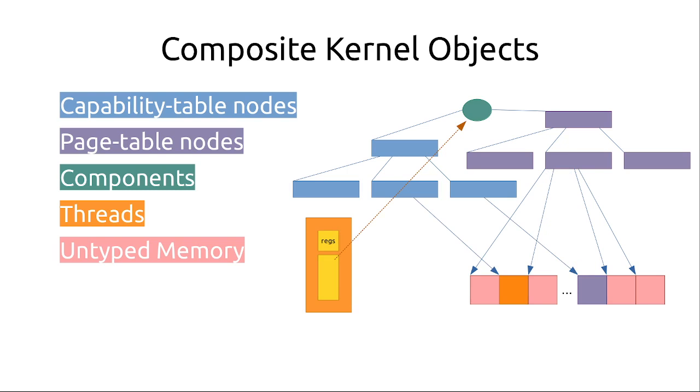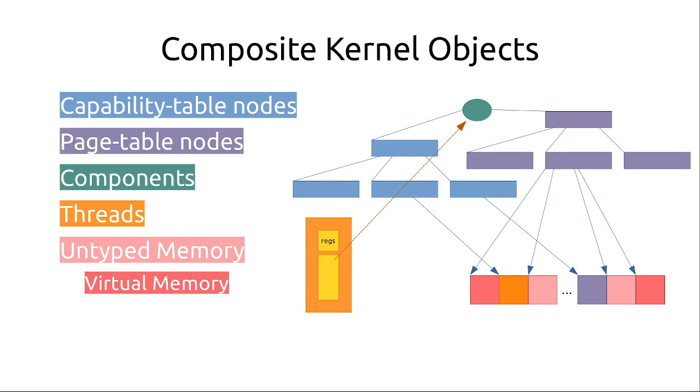So if we're retyping, for instance, here into a thread and into a page table node, you can see that those are now referenced from within the capability table because, hey, now they are actually kernel objects that we program. As I said, we can also retype some of this memory into virtual memory and map it up into components, and therefore it's actually present and accessible to loads and stores for those components.